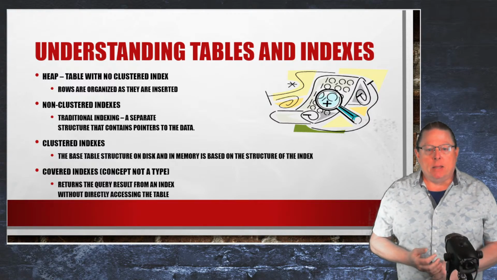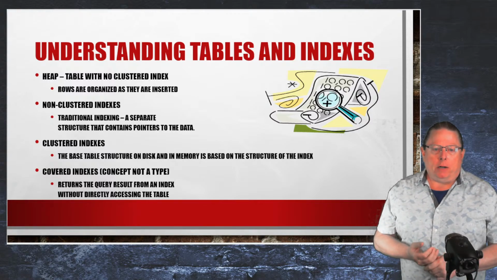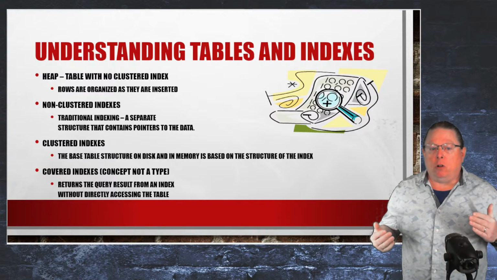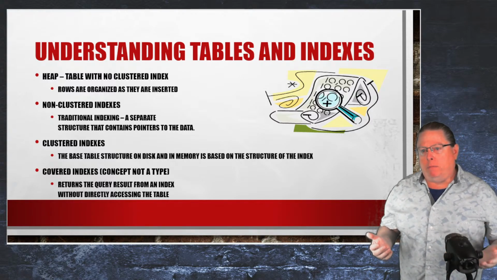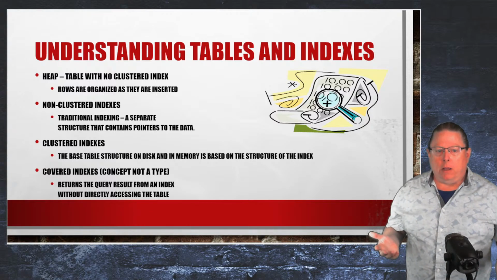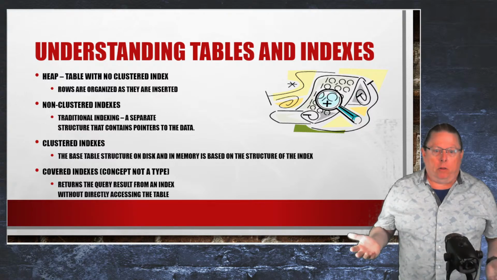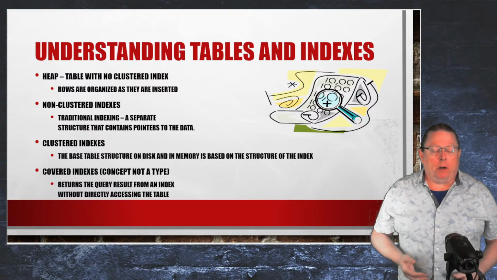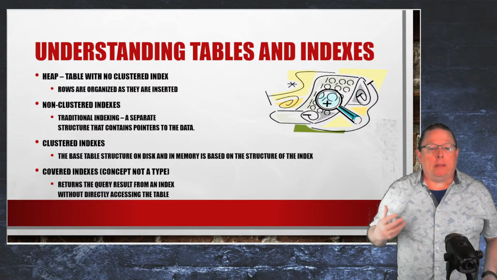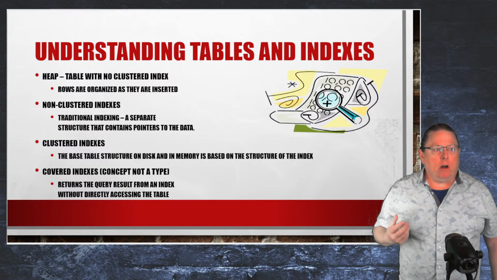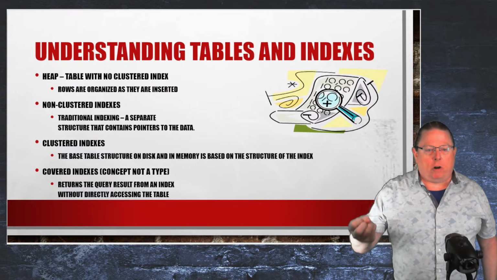Okay, but then we'll go back to the phone book example, and let's say we've clustered our table by last name, first name, and middle initial, like a phone book, and you now want to look someone up by a phone number. Well, the only way you're going to be able to do that is to look through the entire book until you find that phone number. So we add the concept of a non-clustered index. A non-clustered index is an additional structure.